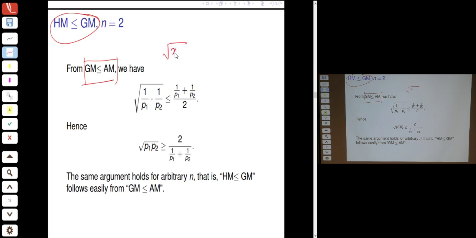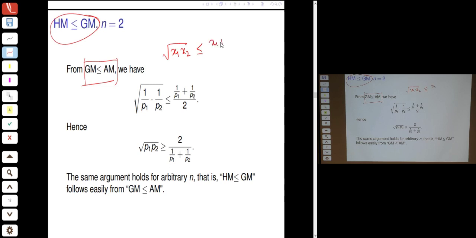So, what does it mean? It means that square root x1 x2 is less than or equal to x1 plus x2 by 2 for any positive real numbers x1 x2, and you apply this inequality with x1 equal to 1 by p1 and x2 equal to 1 by p2.